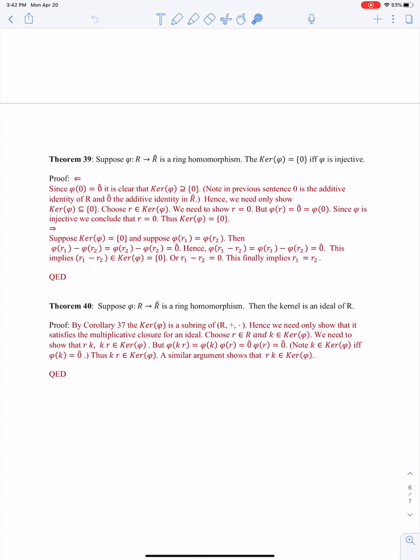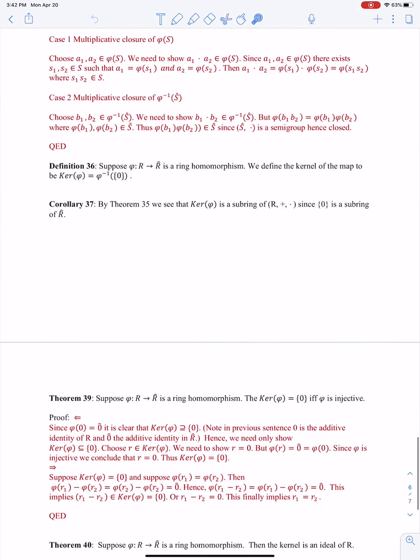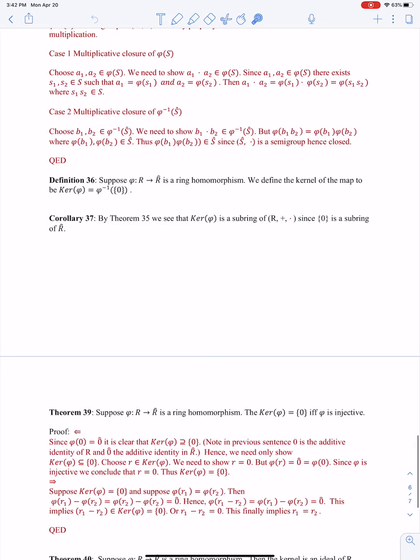And finally, theorem 40. Suppose phi is a ring homomorphism going from R to R hat. Then we claim the kernel is an ideal in R. Now, by corollary 37, I already know it's a subring.